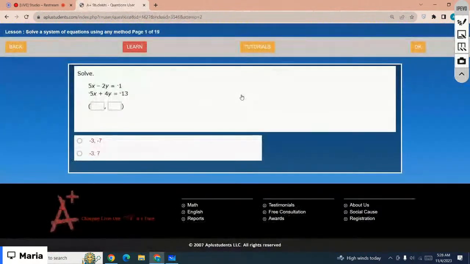They have x variable, the coefficient of the x variable exactly same, right? That means you can apply elimination method here, right?